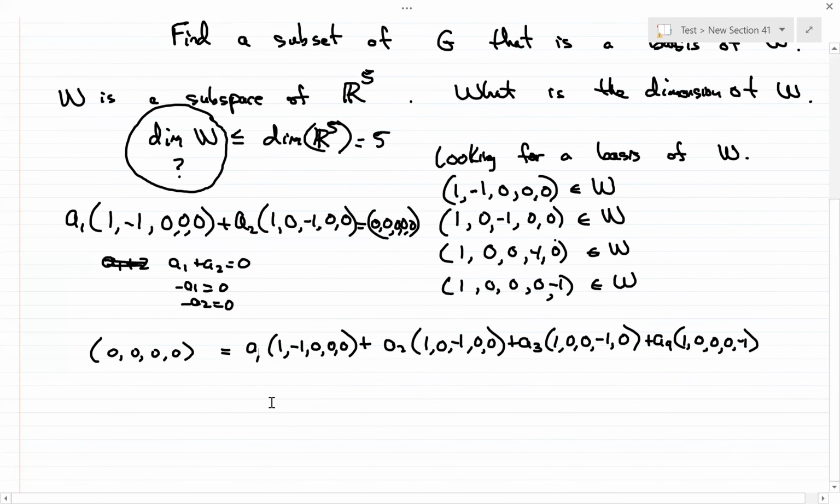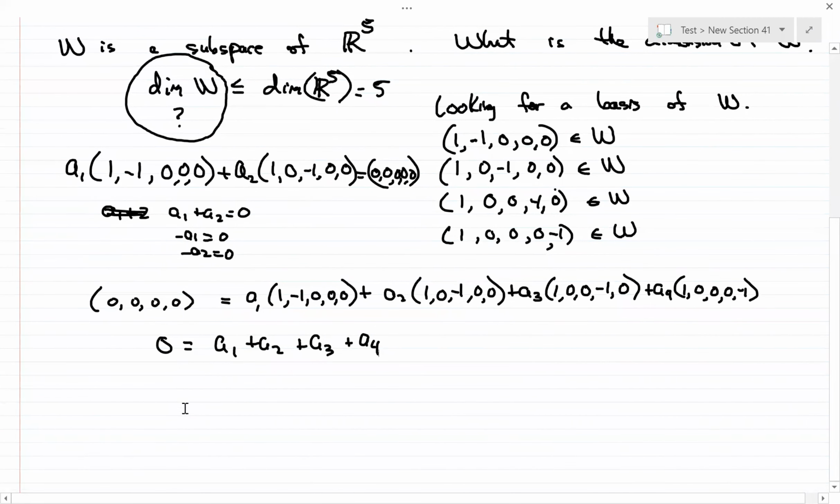If they all have to be 0, then that would mean these vectors are linearly independent. Let's see. So the first component here would be A1 plus A2 plus A3 plus A4.